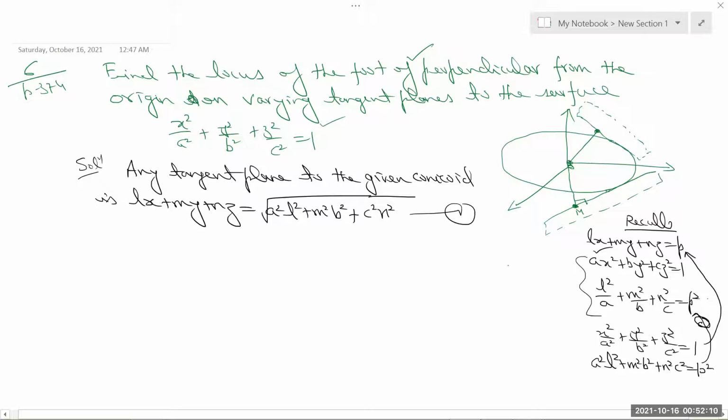So basically this represents the tangent plane given by equation 1.